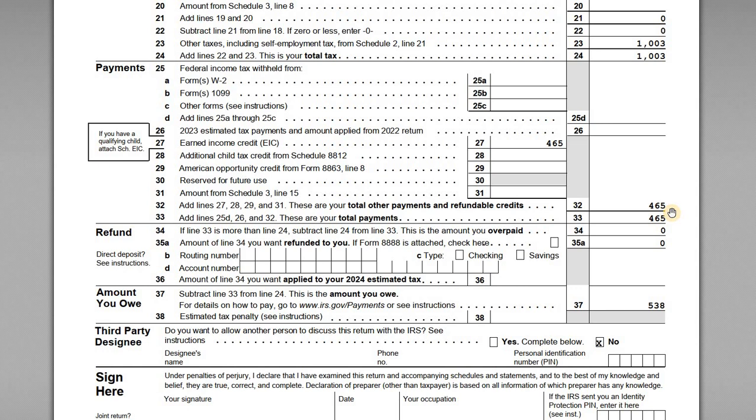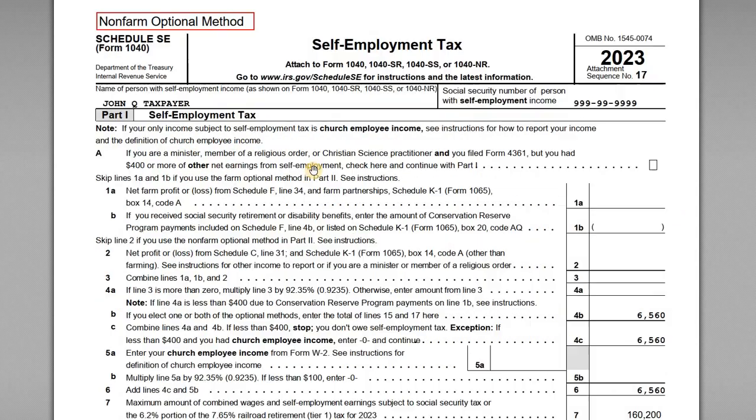Now, it's important for taxpayers to go back and forth on this and see what makes sense, right? So choosing the non-farm optional method if your income is low might not always be the best idea, right? You really have to look at the numbers, see how it impacts your return, and then you decide what makes best for you from a tax perspective.